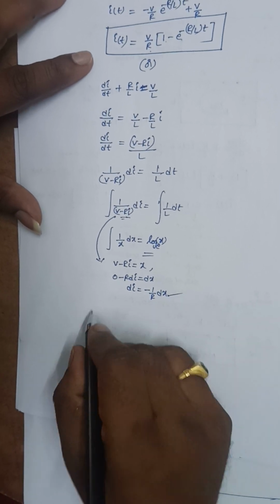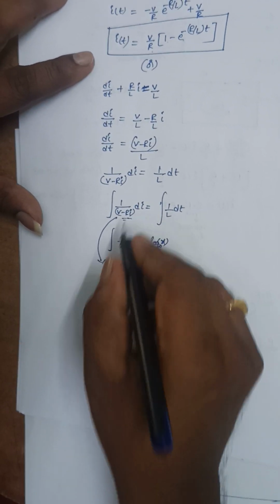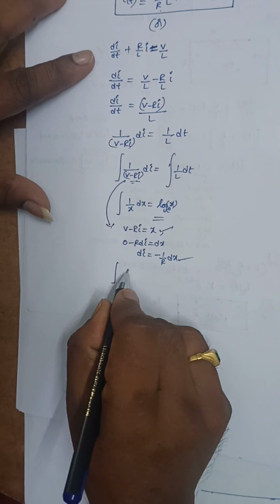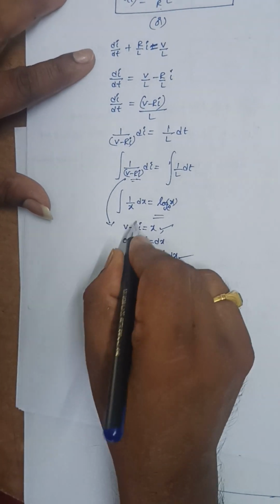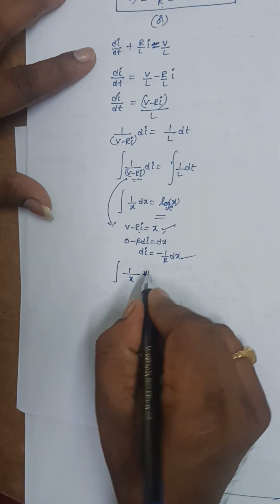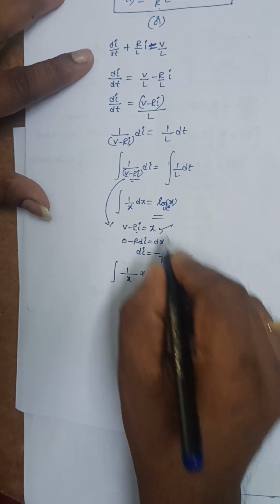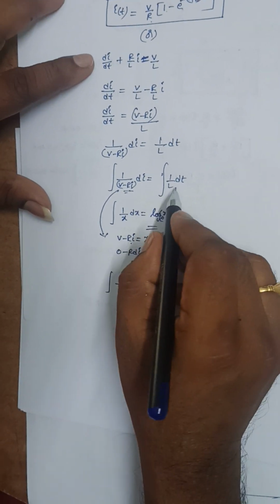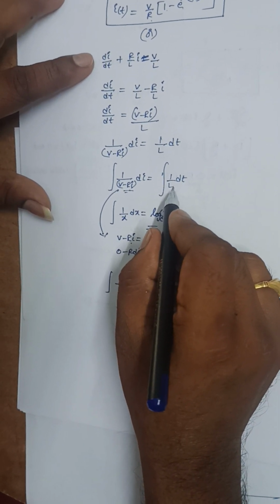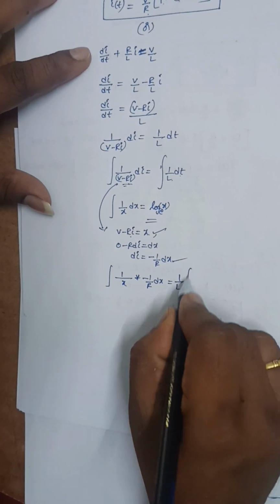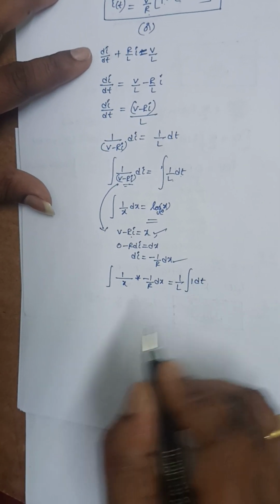So substitute this di here. It is 1 by x, where V minus R i is equal to x, and instead of di, minus 1 by R into dx, is equal to 1 by L. It is a constant, not a function of time, so I can take it out from the integration: 1 by L into integral dt.